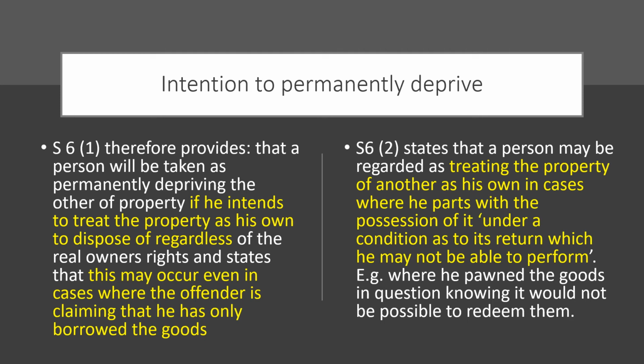And section 6(2) tells us that a person may be regarded as treating the property as his own in cases where he parts with the possession of it under a condition as to its return which he may not be able to perform. So for example, pawning goods knowing that you're not going to be able to redeem them or get the money to do so.